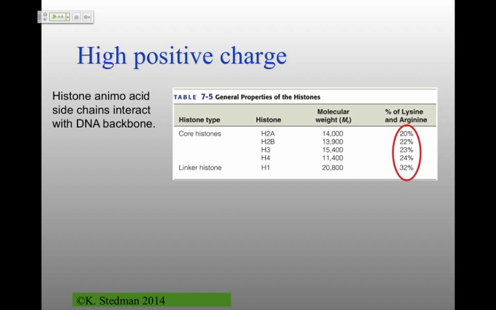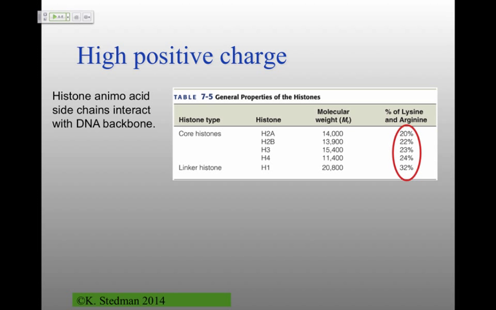If you just look at the sequences, and again, I mentioned that all 4 of these, what people call canonical histones, the standard histones, are related to each other, so they're part of a gene family. They also have ridiculously high amounts of positively charged amino acids in them. 20 to 25% positively charged amino acids, which is not terribly surprising because what are they binding to?